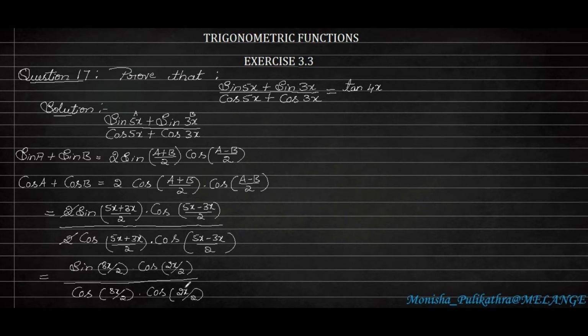So here cos 2x/2 and cos 2x/2 are the same, so these two also cancel each other. The remaining will be, in the numerator, 2 ones are 2, 4s are 8, so it will be sin 4x divided by cos 4x.